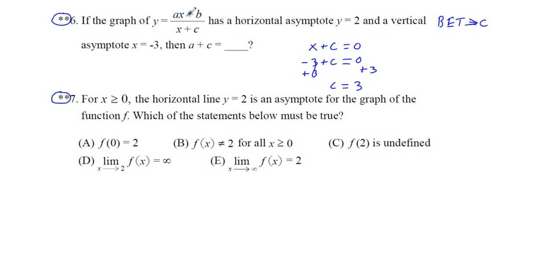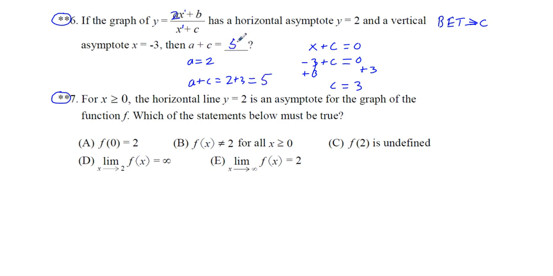So what that means is that a is going to have to be 2, because then we'd have 2x to the first power divided by x to the first power. And so a would have to equal 2. And so therefore, a plus c equals 2 plus 3, which is equal to 5. So 5 would be our answer here.